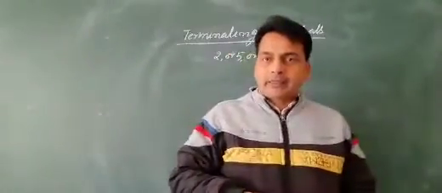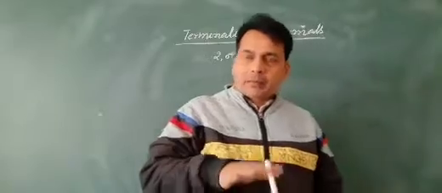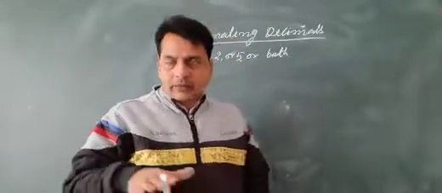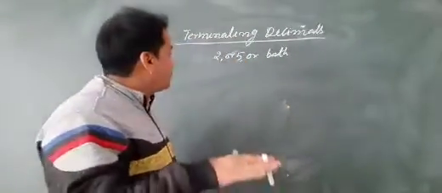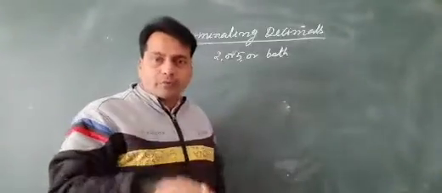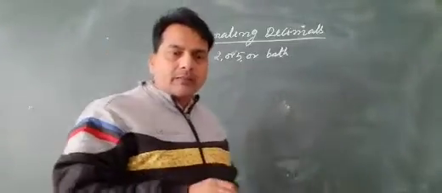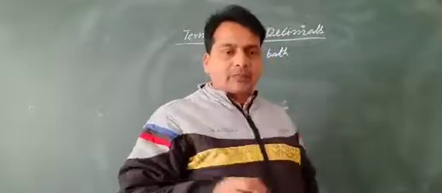So it is clear that if the factors of the denominator of a rational number are only 2 or 5 or both, that is called a terminating decimal.